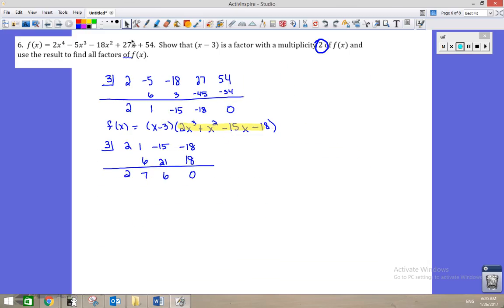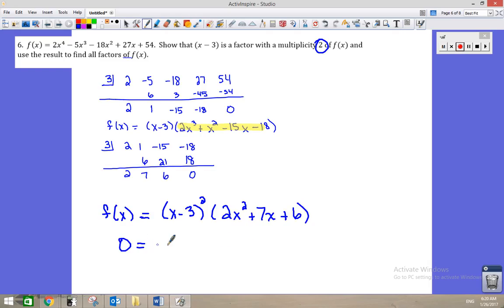So I know that this f of x factors to x minus 3 with a multiplicity of 2. And now I know that this 2, 7, 6 represents 2x squared plus 7x plus 6.